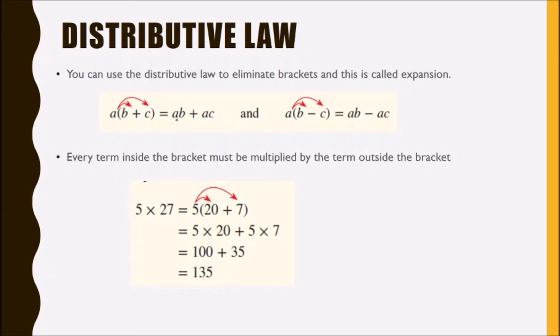So the imaginary sign that joins them is multiply. You must remember that if they have numbers in them, they won't be next door to each other. So for example, if I had 2 and 1, it would be 2 times 1, which is 2. You would not write 21.